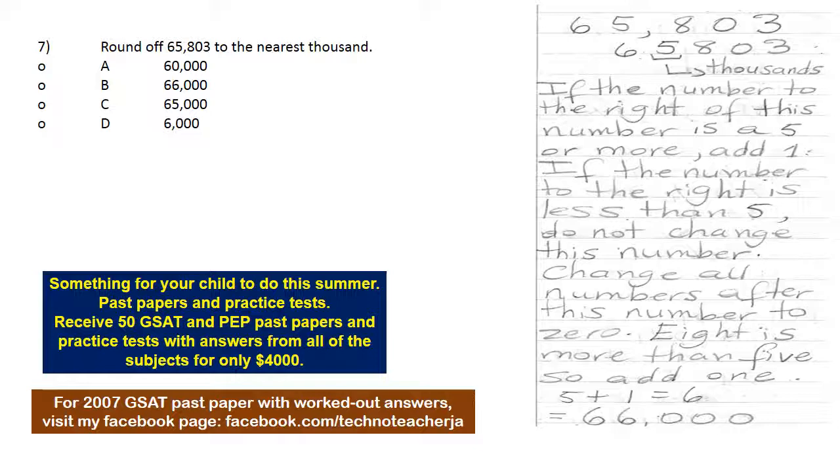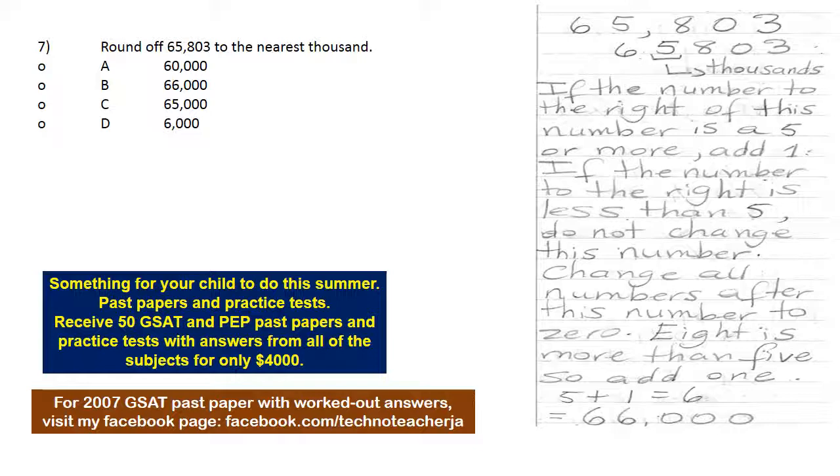So again, one last time, recap the rule that we're going to do here. We are going to underline the number in the thousands position. Then look at the number in the hundreds position.